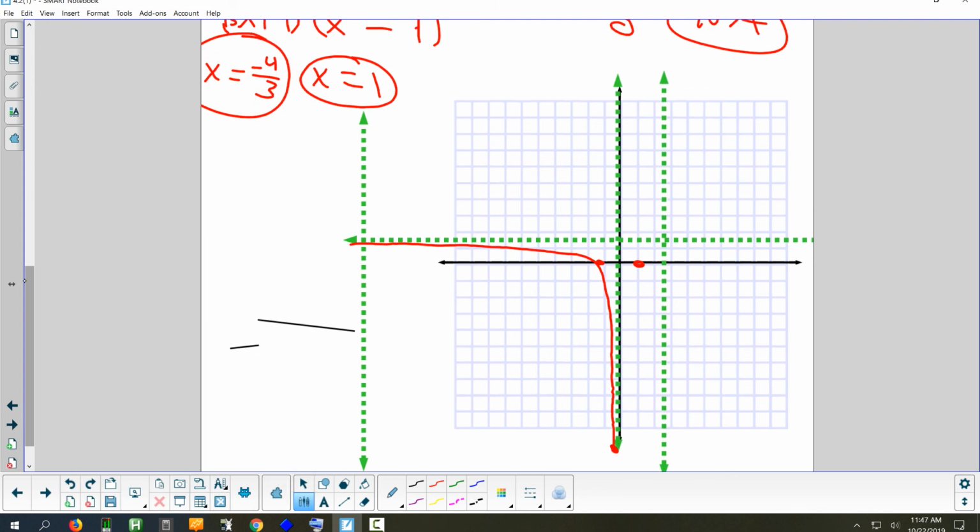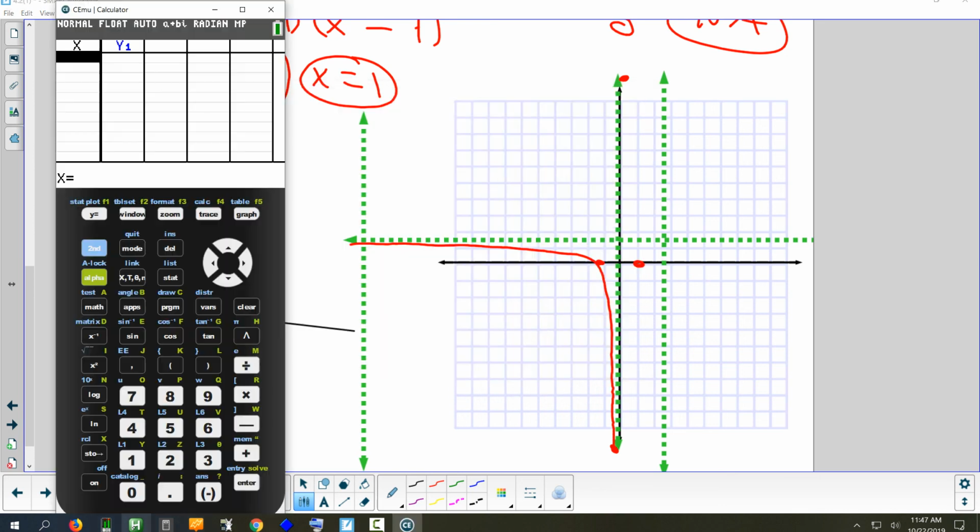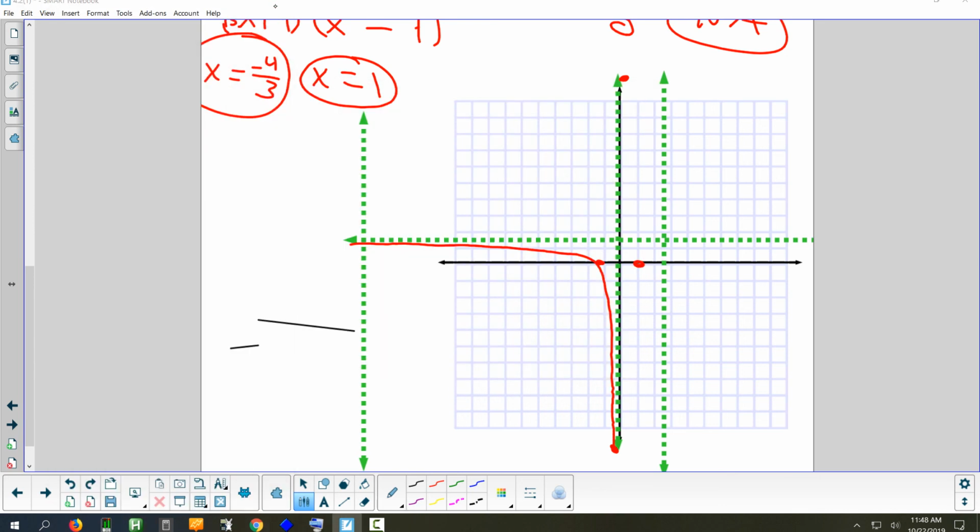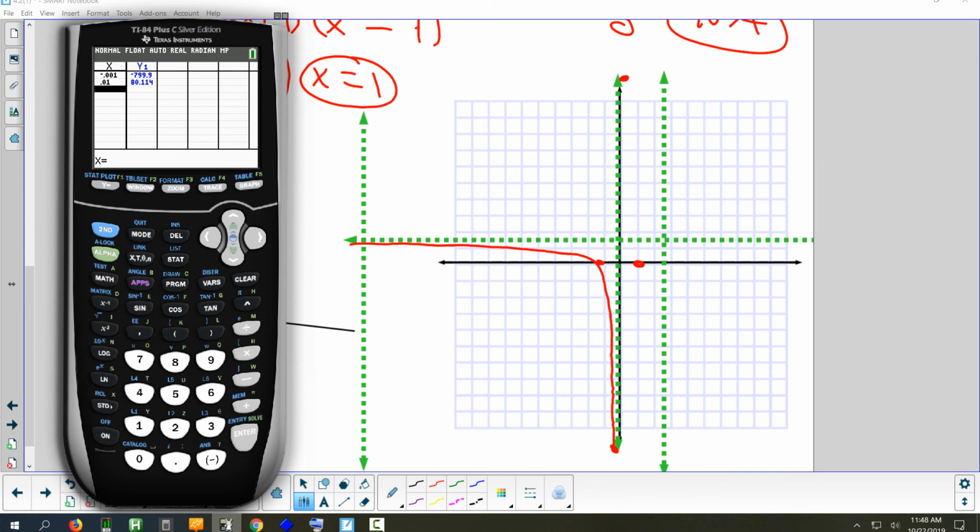Way up there. So this graph is going to curve in the middle, extremely steep. Very, very steep curve. Calculator's probably going to have trouble sketching it. It's probably not going to look perfect. Keep clicking that one. The other asymptote, 2.5. What's a value just a little smaller than 2.5?